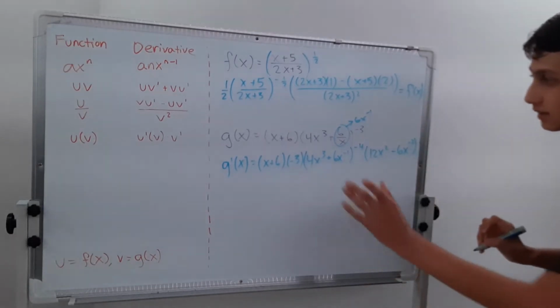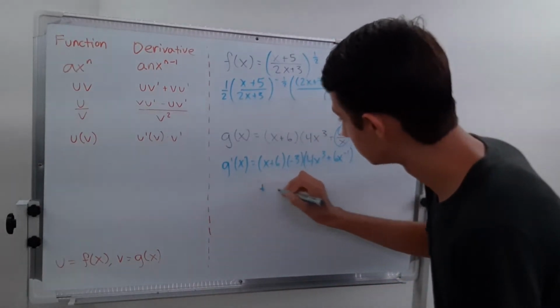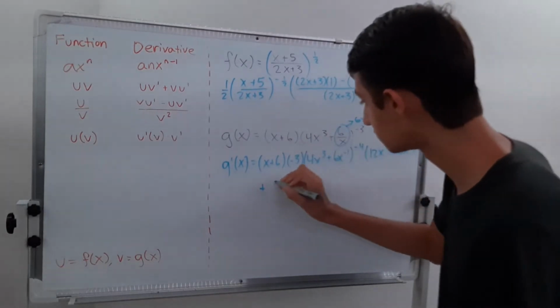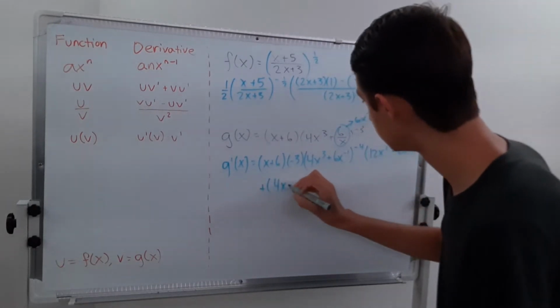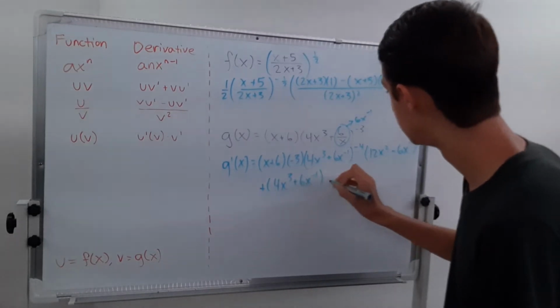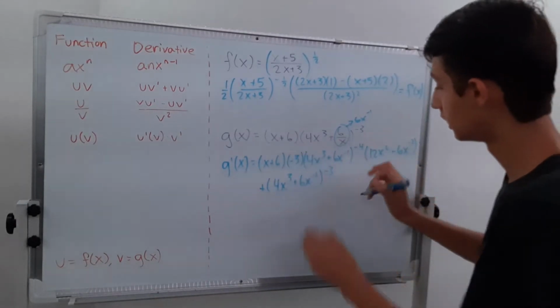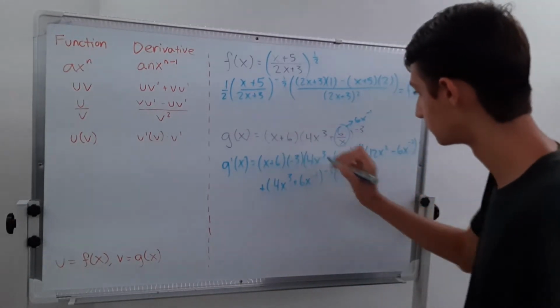You're not done, because that's just the first part of the product rule. You're going to add it to this function, just normally without any derivatives, plus 6x to the negative 1, all to the negative 3 power. That's your entire function. And then times the derivative of that, which is just 1.